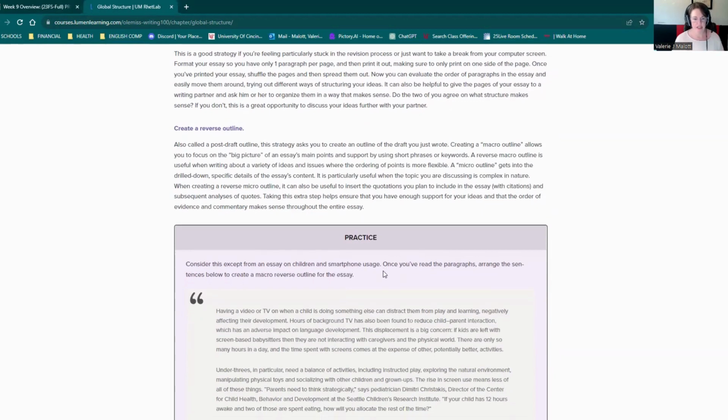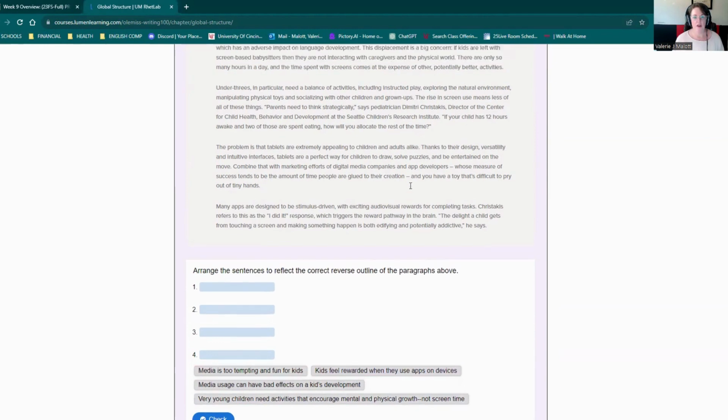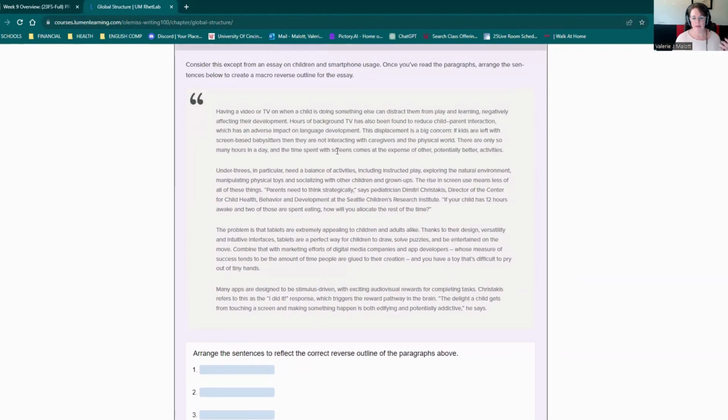There's also a practice that you can do at the bottom of the page, thinking how you can arrange the sentences to reflect the correct reverse outline of the paragraphs above. So you have a choice of sentences here to show how you could best reflect and make a reverse outline. So that's the first one.